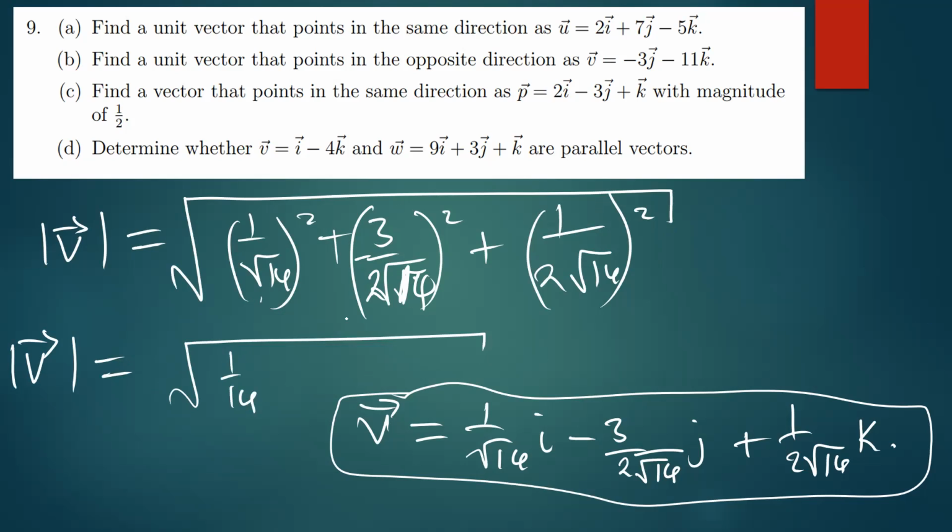Then here, when you square, you're going to get positive 9 over 28. So 9 over 28 is simply... that is not really 28. This should be 9 over 14 times 4.